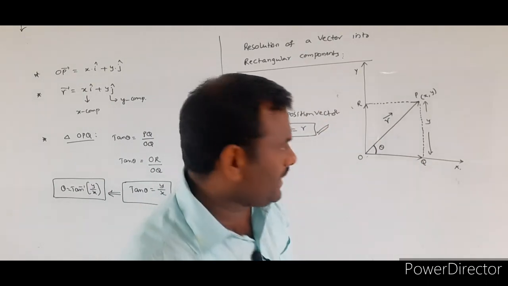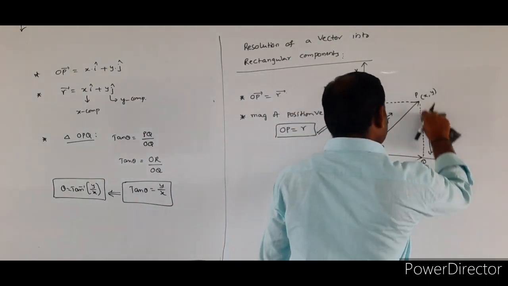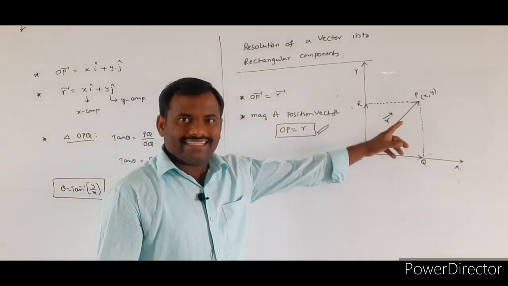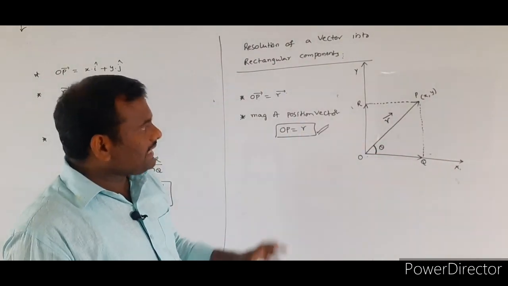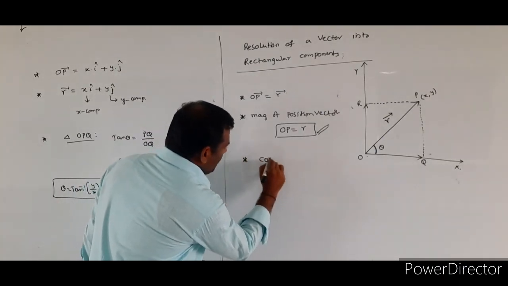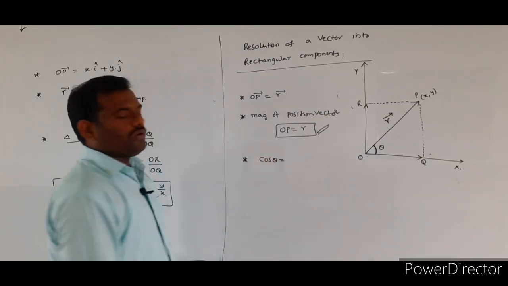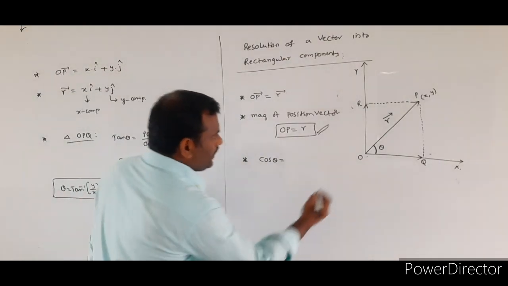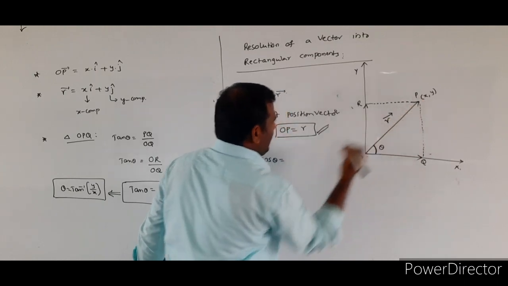Once again, see the same diagram. From the given diagram, I want to calculate the cos theta value. Cos theta is equal to adjacent side by hypotenuse.